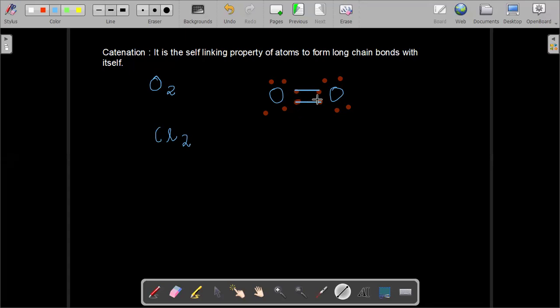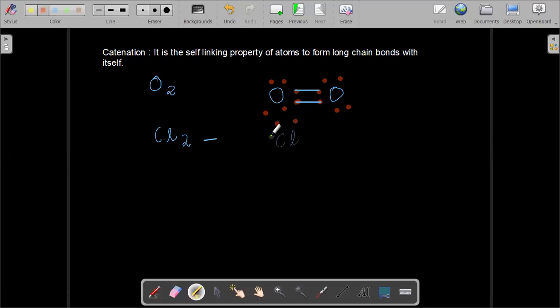And here in this one, there are 2 bonds. So that means a total of 4 electrons have been shared. Got it? In the same way, we can see the structure of chlorine also. So the structure of chlorine can be written as Cl, each chlorine having 7 electrons.